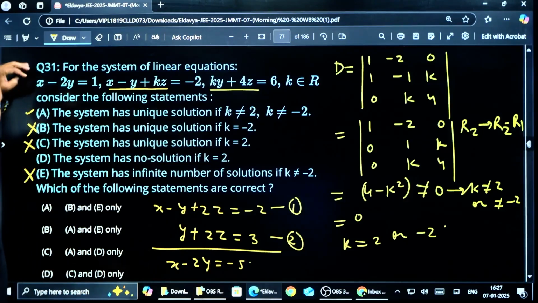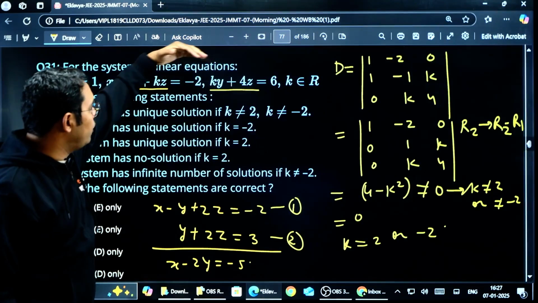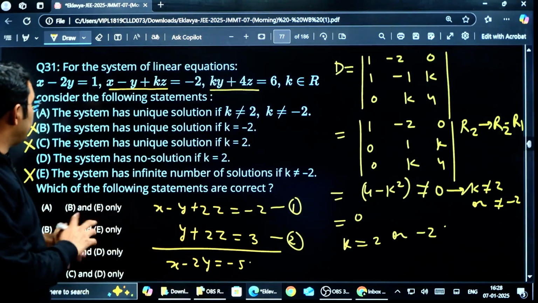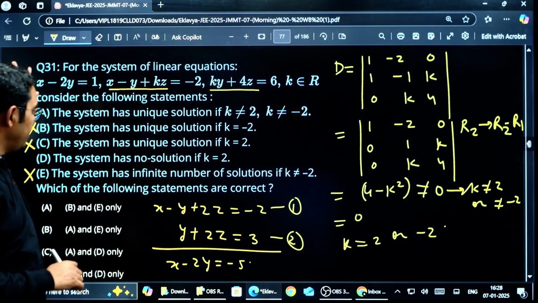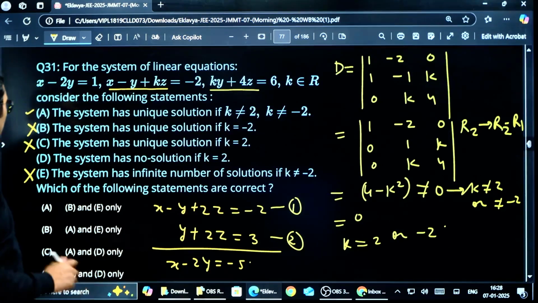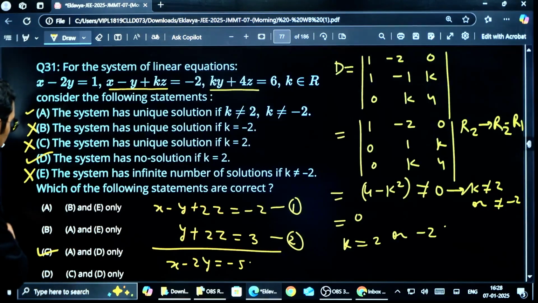But the first equation is saying x minus 2y is equal to 1. So even if you try to solve the next two equations, or modify them, what you get is a contradiction of what is given in the first equation. That means for k equal to 2, we will not have any solution. So D is also correct. So my correct option for this question will be A and D only. That is C.